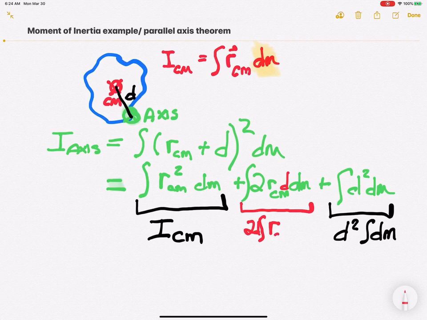I get r center of mass dm. And this is taking every object's individual mass particles and then taking it from the center of mass. And it's the center of mass not squared.